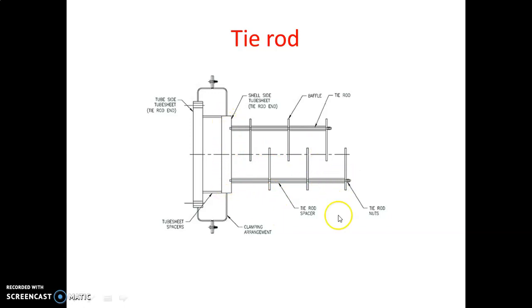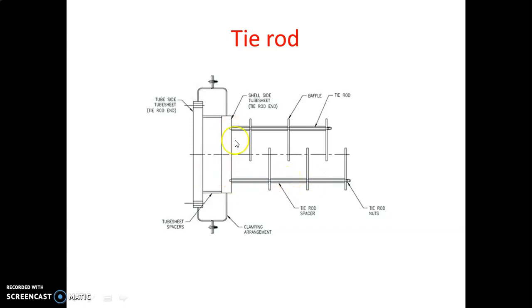So this is the tube sheet and this is the tie rod. This is the function of the tie rod: it is used to hold the baffles, using tie rods with spacers. And what is the function of spacers? Spacers are the pipes which locate the baffles.